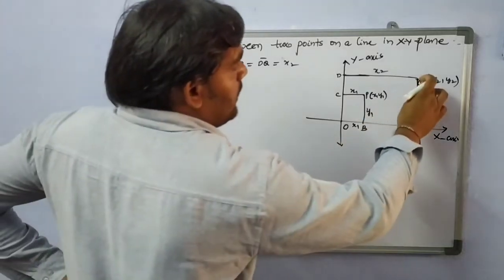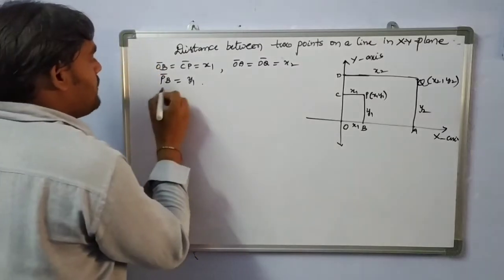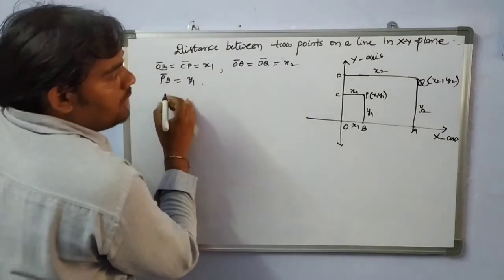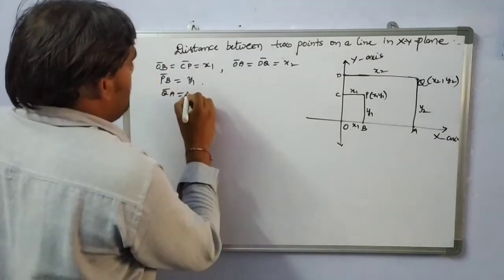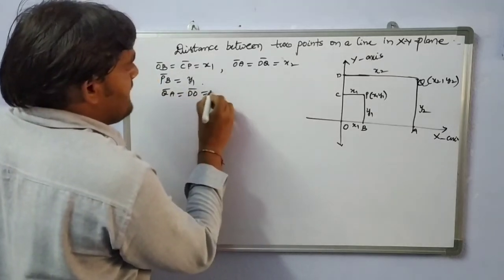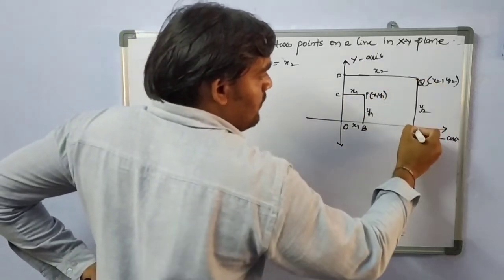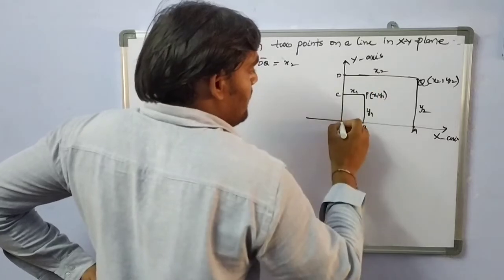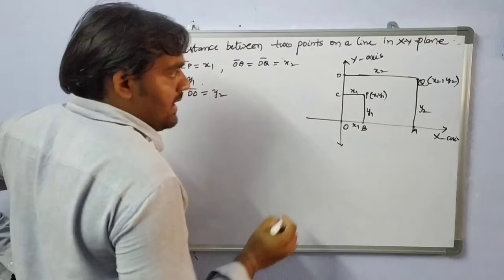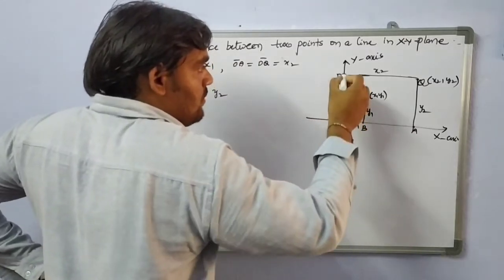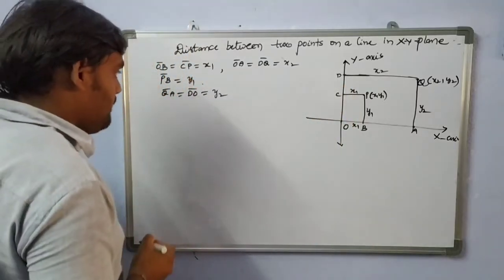After that, QA bar is equal to DO bar is equal to y2. See here, the distance from here to here is same as here to here, because OA and DQ are parallel lines. The distance between these 2 lines is same. Here to here is same, as well as here to here is also same.